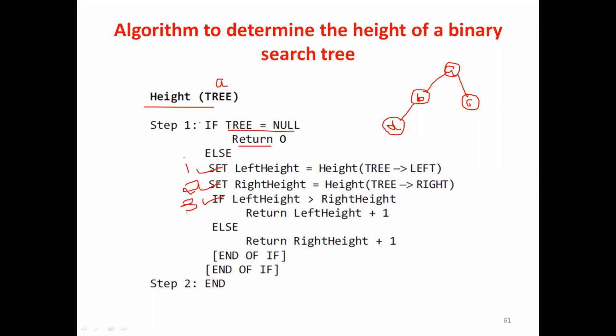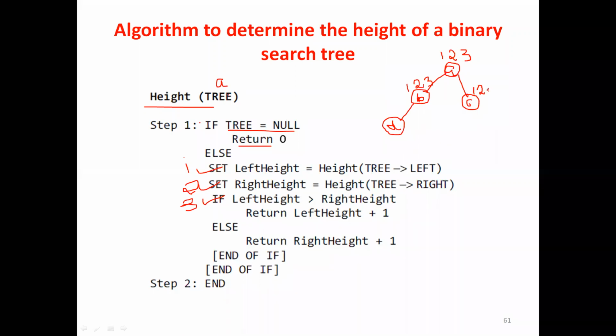Now it is not null, right? For this node A, I am numbering the steps 1, 2, 3. So for each and every node, the 3 steps will be executed.